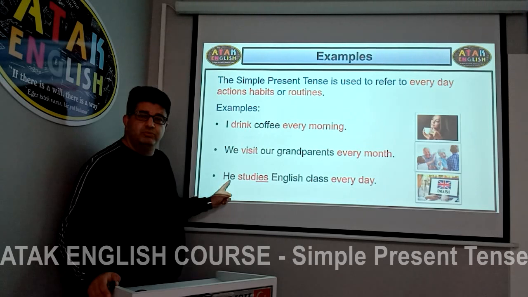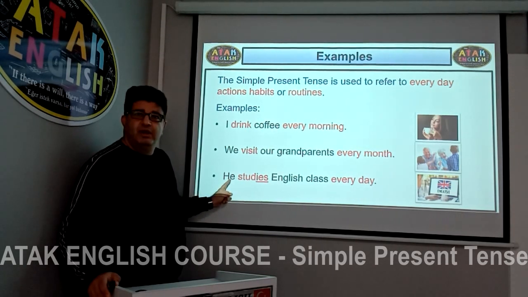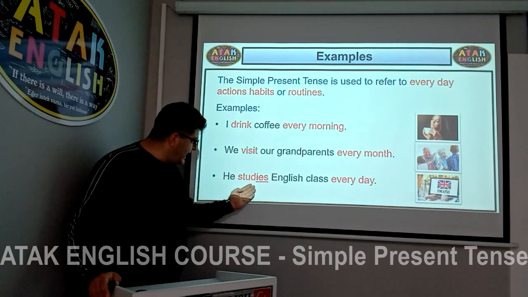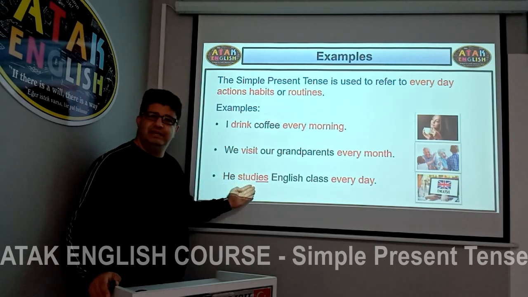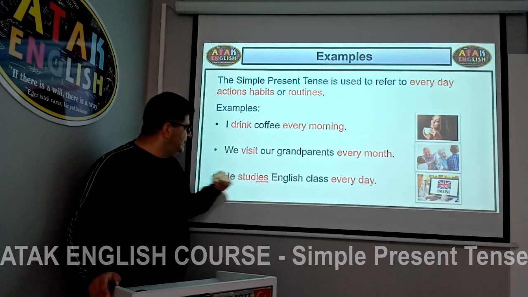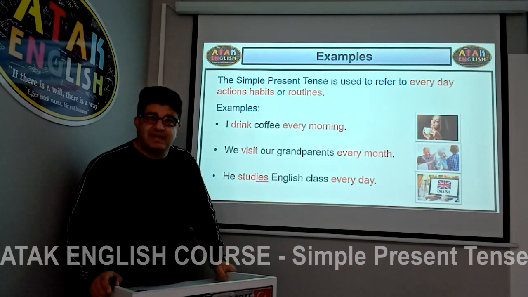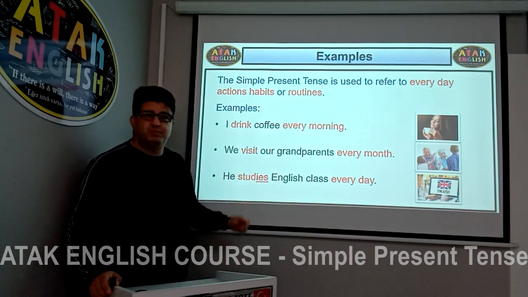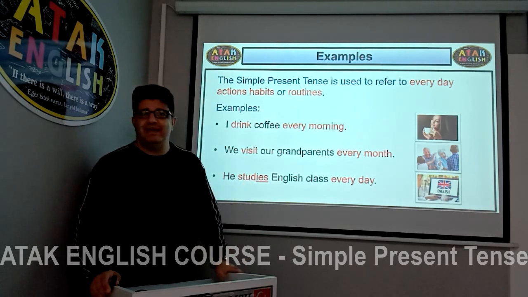And our rule was for subject of third person singular, which might be he, she, or it, we add s or es or sometimes ies. In this sentence, our example is study. We're going to come to that later on because it ends with y falls down, and ies comes.